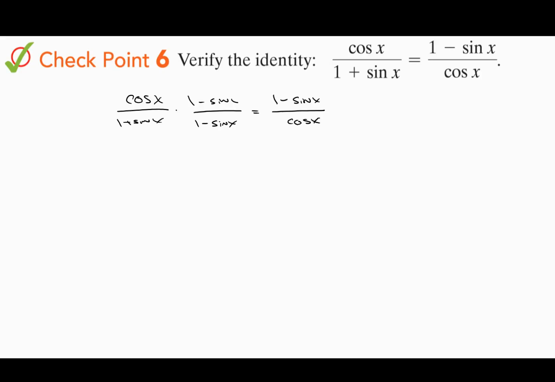Okay, I could split this up if I wanted to, but this works out pretty nicely without having to do that. So the numerator is the cosine times 1 minus the sine, and the denominator is 1 minus the sine squared. And my 1 minus sine squared turns into cosine squared.